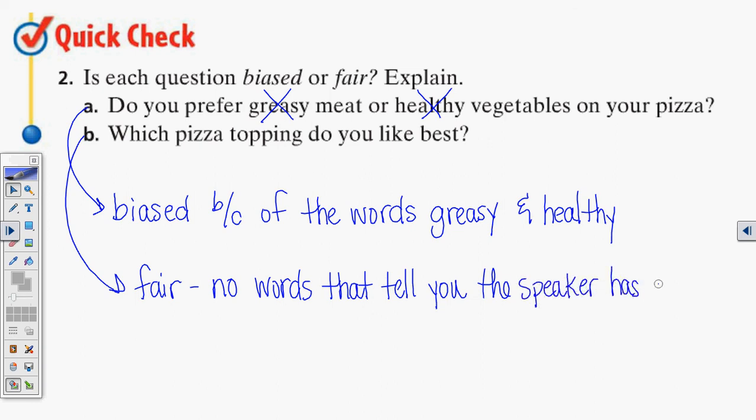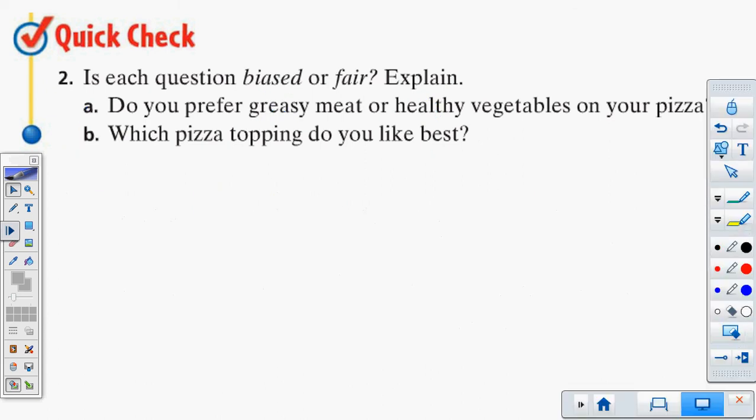The speaker has no opinion. So there's nothing in that statement that tells me which pizza topping they like best. It's very plain, very simple. There's no describing words that tell you which one they like better or not. All right, that is it for your notes.